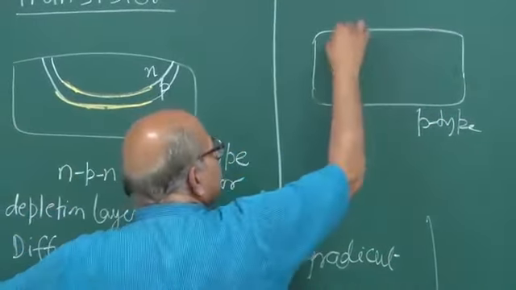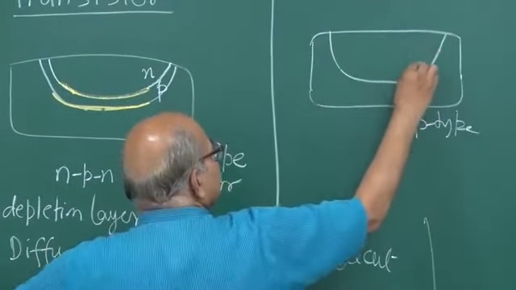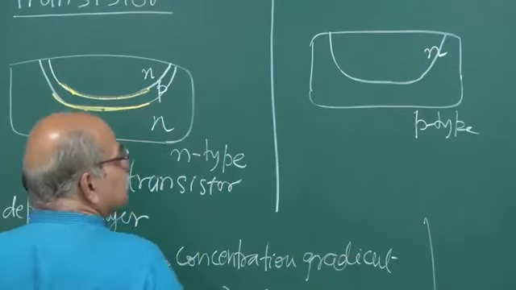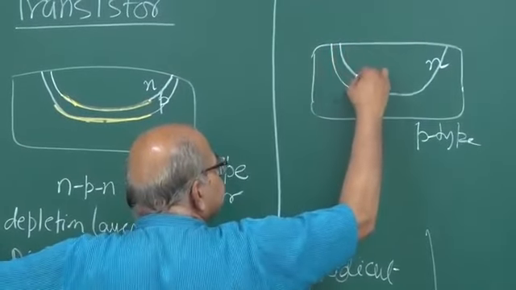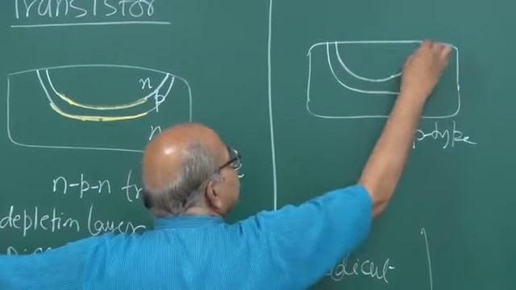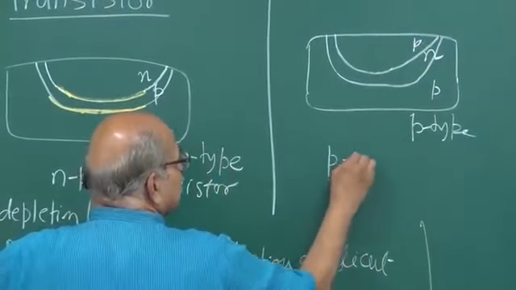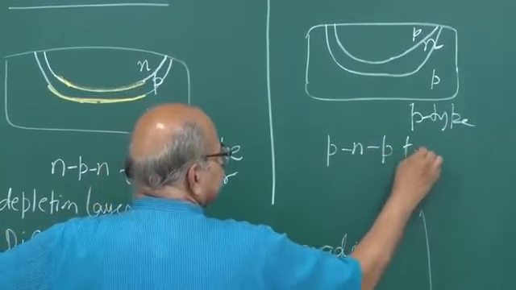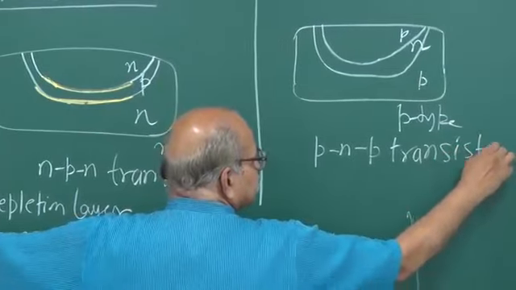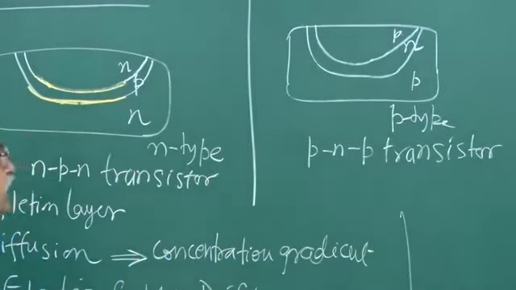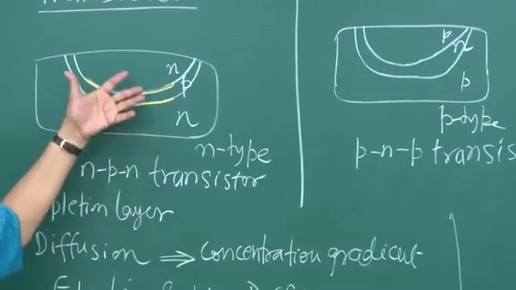Then you diffuse n-type from one side, and suppose this is n-type, and then you diffuse again p-type, of stronger concentration, so that you get this p-type here, and then you get p-n-p. So this is a p-n-p transistor. Okay. But most of the time we will be using this NPN to describe all the physics and all the processes.